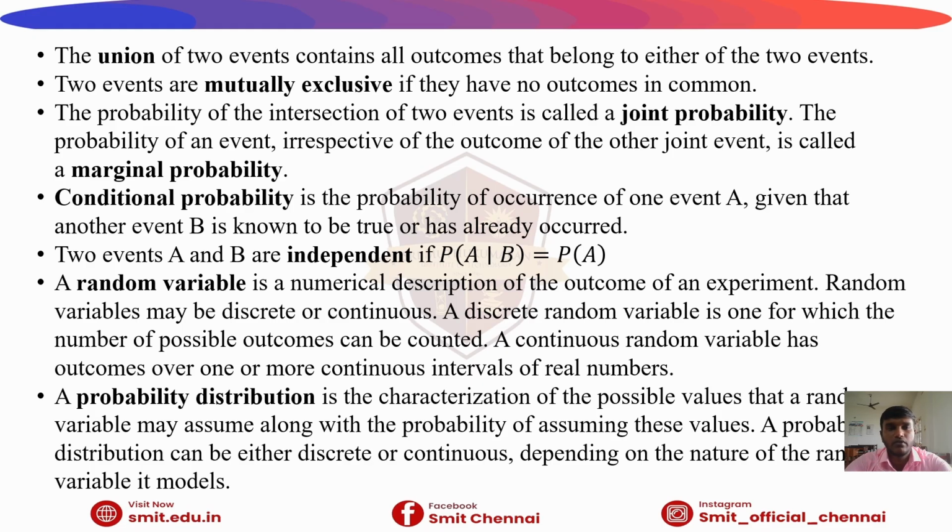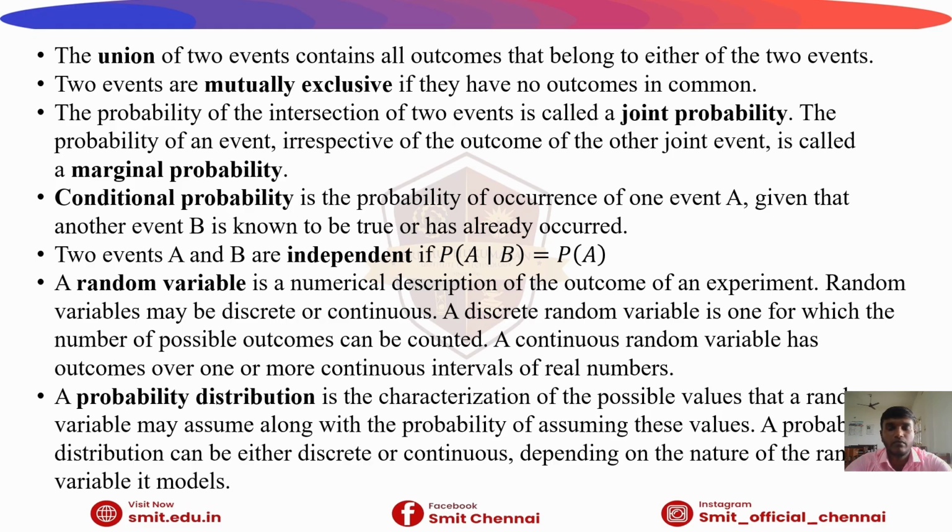The probability of an event, irrespective of the outcome of the other event, is called a marginal probability. Conditional probability is the probability of occurrence of one event A, given that another event B is known to be true or has already occurred. Two events A and B are independent if P(A|B) equals P(A).